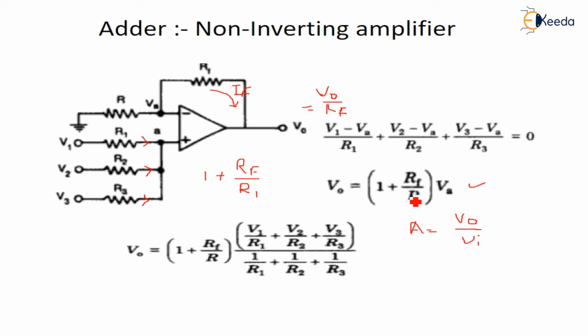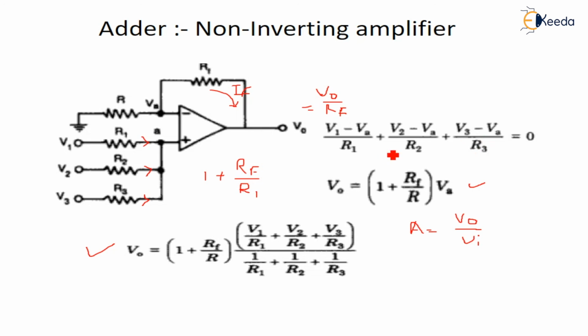After simplification, the adder equation is like this: V out is equal to 1 plus RF upon R, then V1 divided by R1 plus V2 divided by R2 plus V3 divided by R3. See, all the terms are collected in one place.